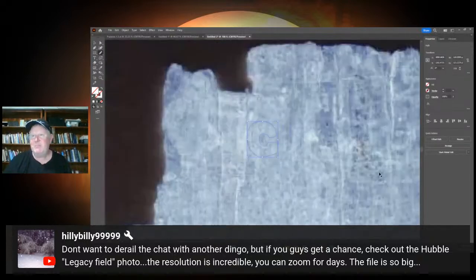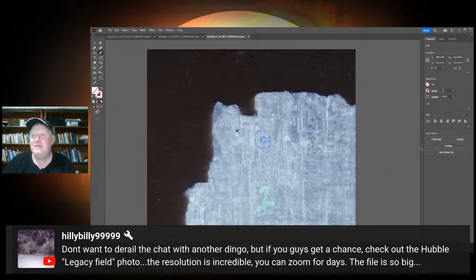Now let me zoom back out. It's got the kappa, the iota, and the sigma there. And that one. Can you see it now?